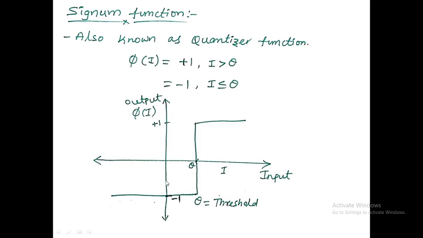On the y-axis, output pi of I, and on the x-axis, weighted sum I, equal to capital I. If you consider some threshold value theta, and your input I on the x-axis is greater than theta, then you will get the output as +1. Otherwise, for I less than or equal to theta, you will get the output as -1.